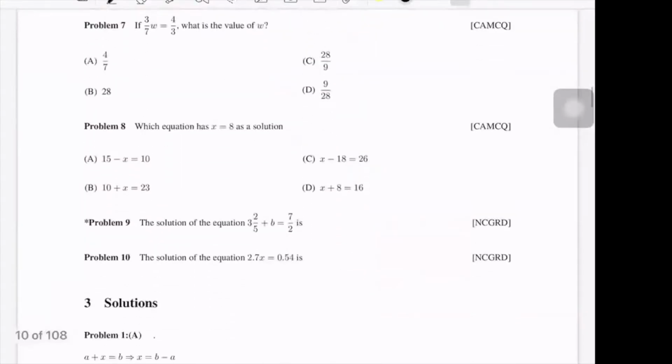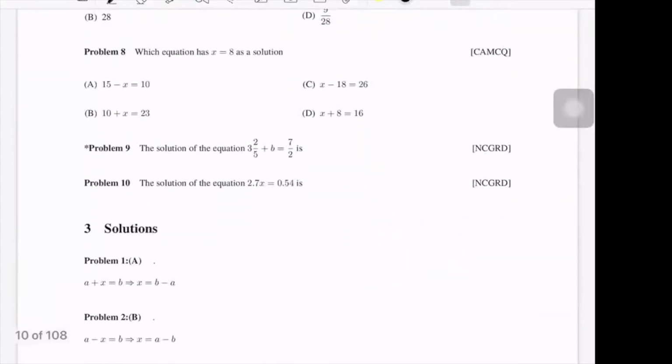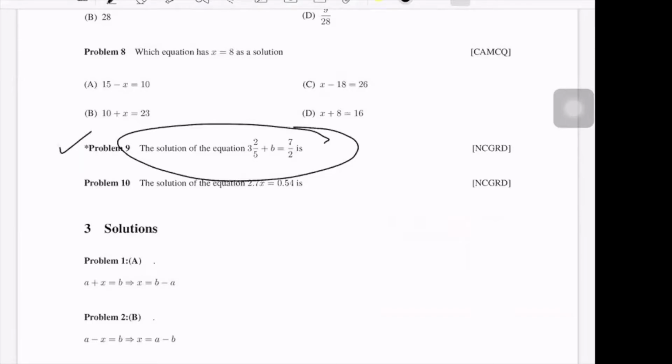And another thing I want to discuss is this question. See, the normal way to do this is you have b is equal to 7 by 2 minus the mixed fraction 3 and 2 by 5.